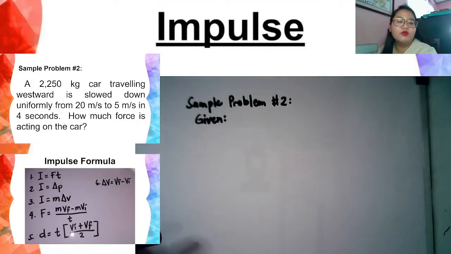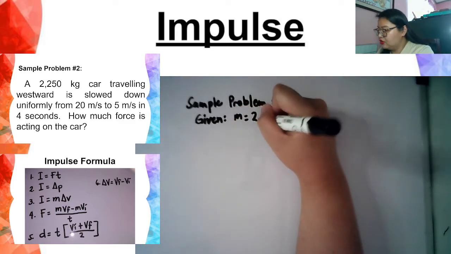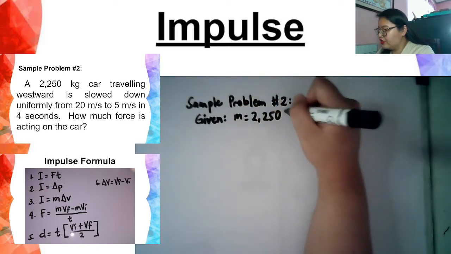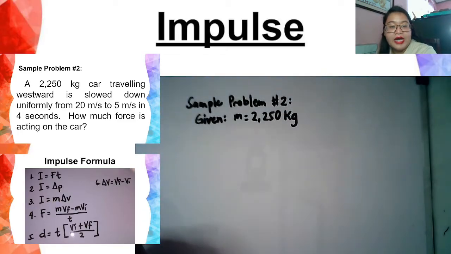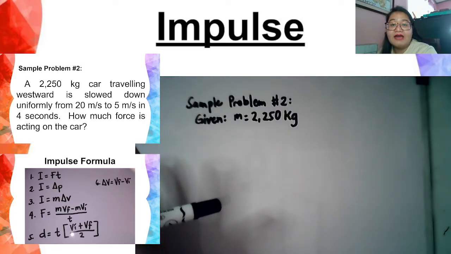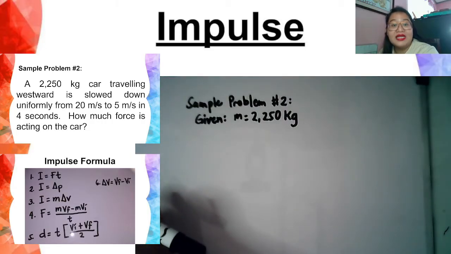So for the given, we have the mass of the car, which is 2,250 kilogram. Now, ang sabi kasi dito, yung car ay nagta-travel westward. So, maandar siya. Pero it's slowed down. So, bumagal yung sasakyan. So, from 20 meter per second to 5 meter per second. So, kung bumagal siya, ibig sabihin, initially, mabilis yung sasakyan.